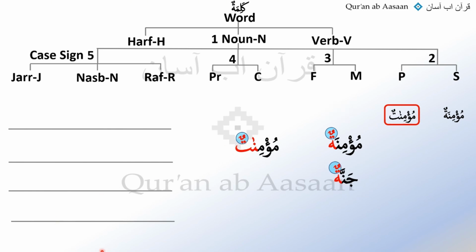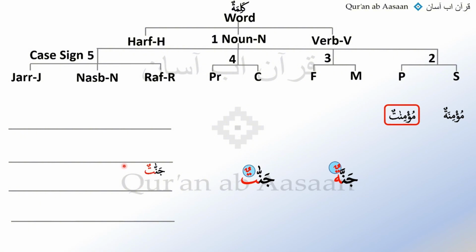Let's look at another example. Jannatun, we can see it's a female noun because of the small ta and it is a singular, and we would just add atun at the end and it would become jannatun. Excellent. Okay. And then we learned how to determine their case sign. It is quite visible that it is in rough. There's no confusion here. It would go under this section, rough. So jannatun.